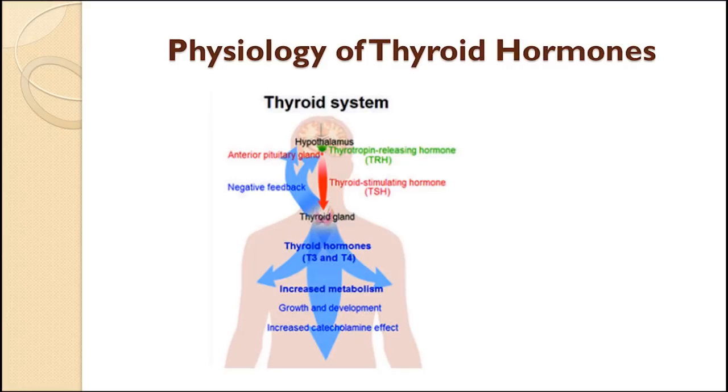Quick review of the physiology. So the hypothalamus secretes TRH, thyrotropin releasing hormone, which then acts on the anterior pituitary gland to release thyroid stimulating hormone, TSH. That in turn stimulates the thyroid gland to produce T4, thyroxine.